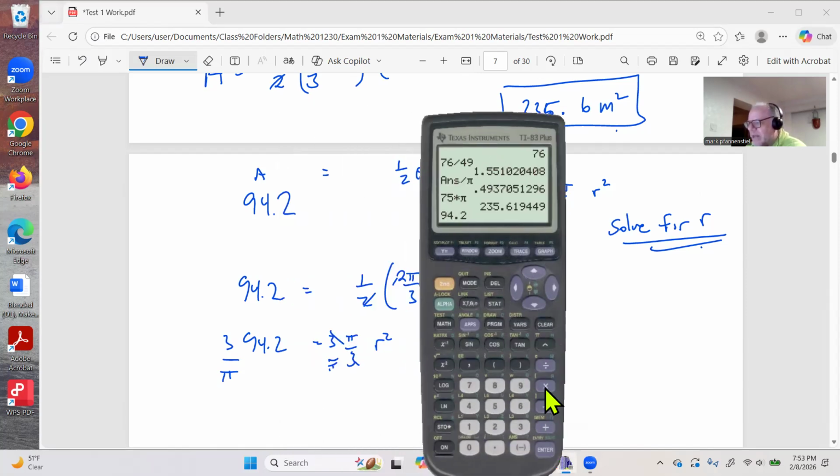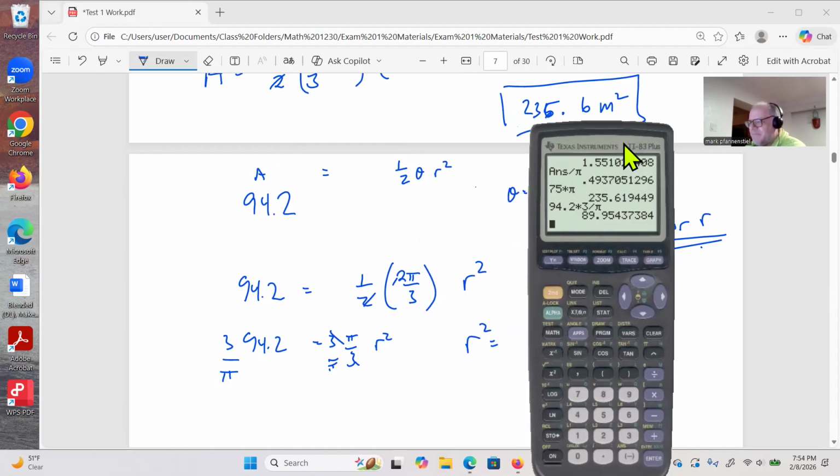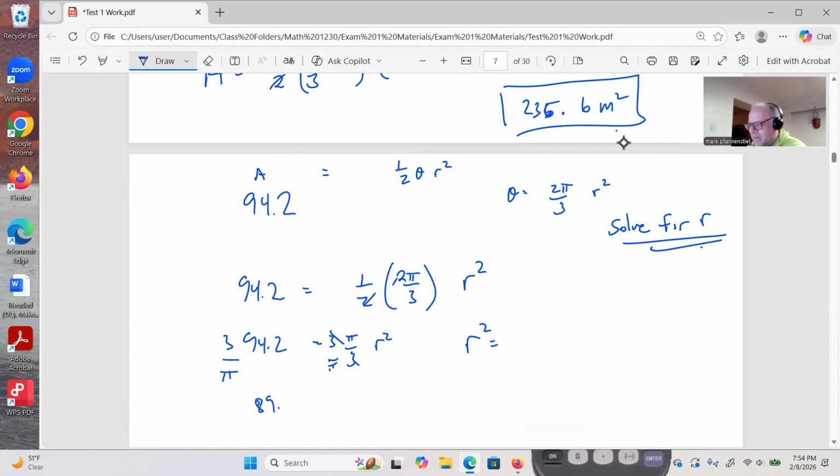So that's going to be 94.2 times 3 divided by pi. It's going to be approximately 94 anyway, but we'll be particular about it. Times 3 divided by pi, and that's 89.95. Okay, so we have 89.95 is equal to r squared.